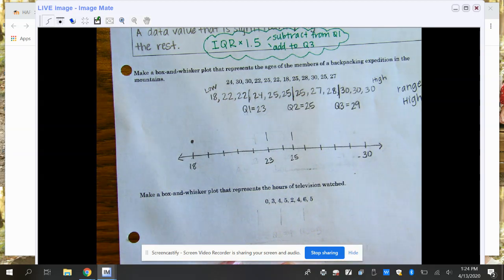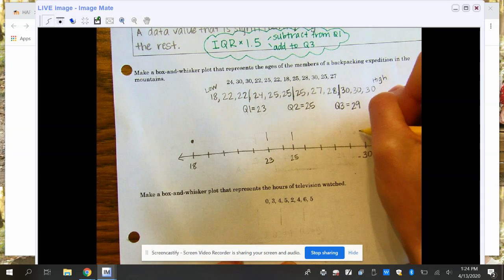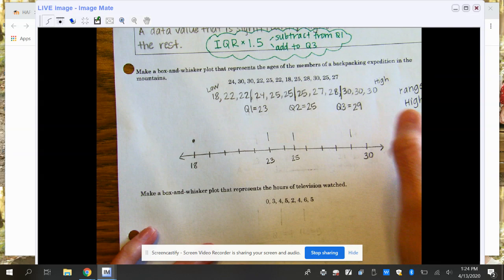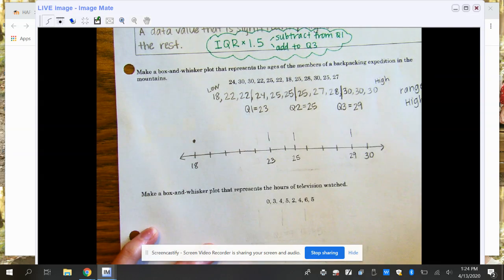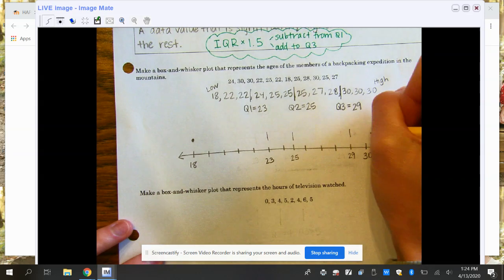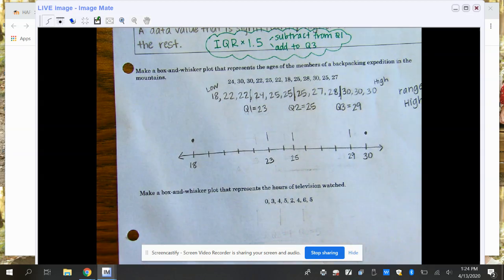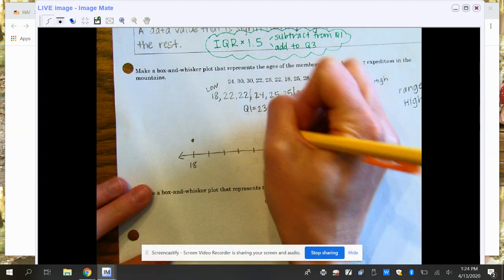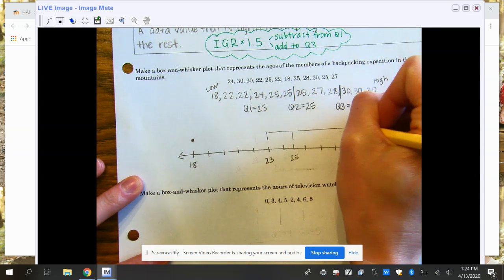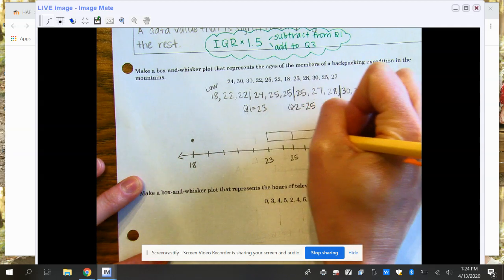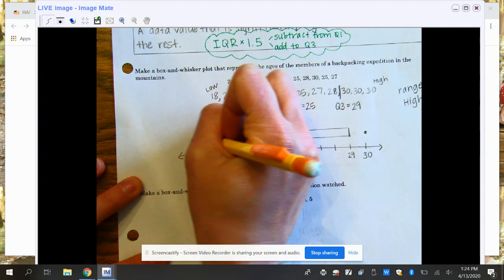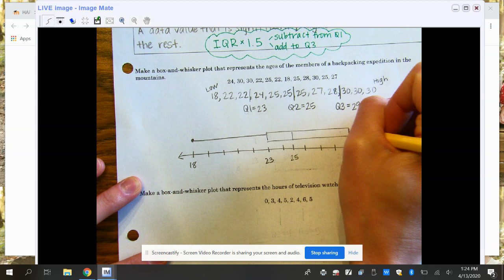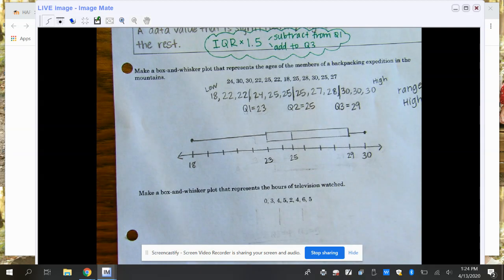So I'm going to go ahead and draw that right there. And then Q3 is 29. So I'm going to go ahead and draw that line right there. And then my highest value is 30. So that endpoint will be there. And then we'll just connect everything. Okay. And so that would be my box and whisker plot.